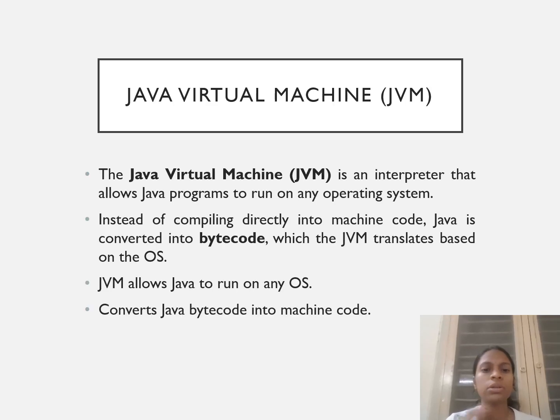Then the next topic is the Java Virtual Machine. The Java Virtual Machine is an interpreter that allows Java programs to run on any operating system. I mean, when you want to run Java programs on your system, you need to have the JVM, the Java Virtual Machine.